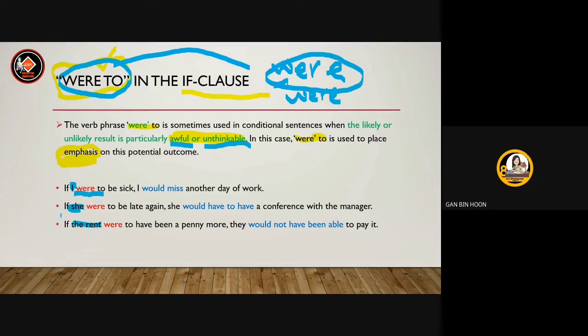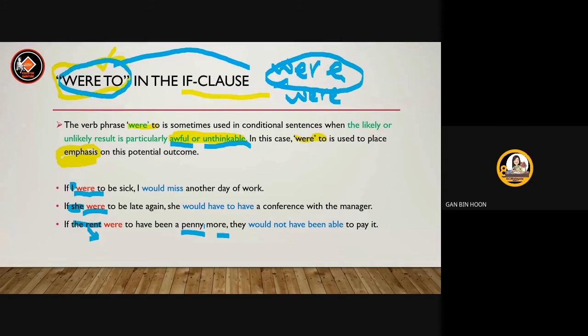Okay, imagine if she were to be late again, she would have to have a conference with the manager. Ada tak kemungkinan dia lewat? No. Ini tak logik. Okay, because dia dah dimarahi oleh manager sebelum itu. If the rent were to have been a penny more, they would not have been able to pay. Bermaksud kalau lah rent is house payment lah, rumah sewa rumah.